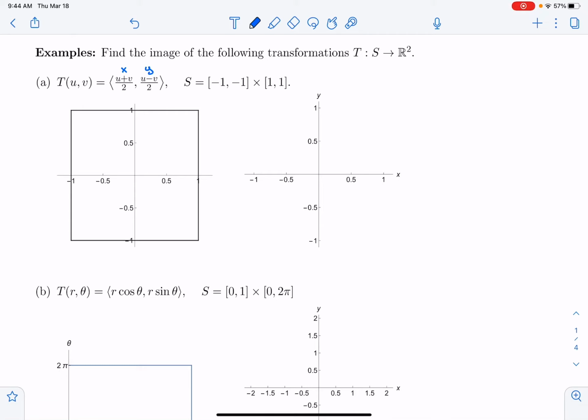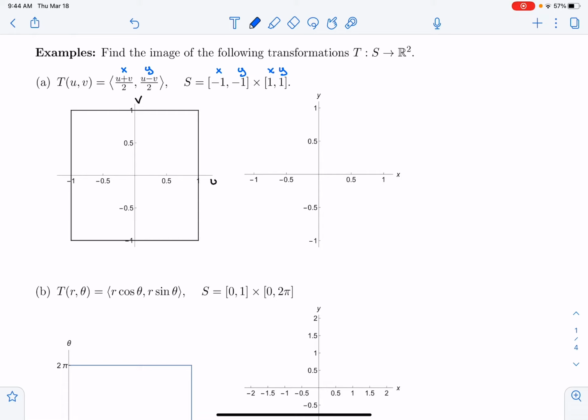And then what we want to do is we want to run x between minus 1 and 1 and y between minus 1 and 1. So we're going to have a square in the uv plane, and we want to know the image of those points in the xy plane.